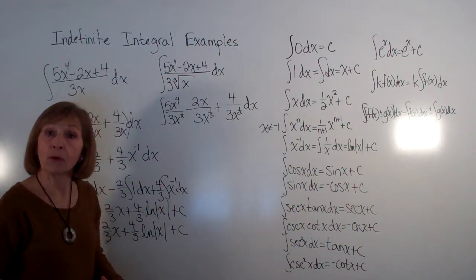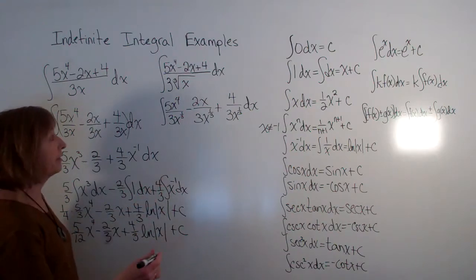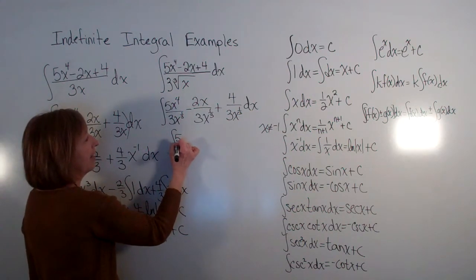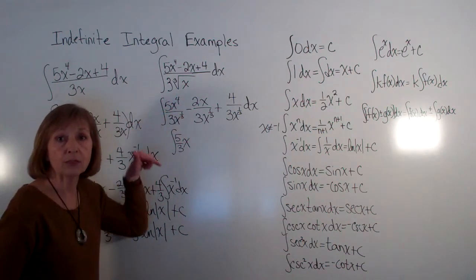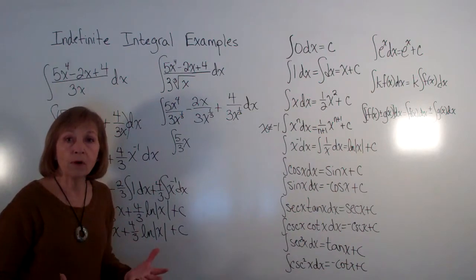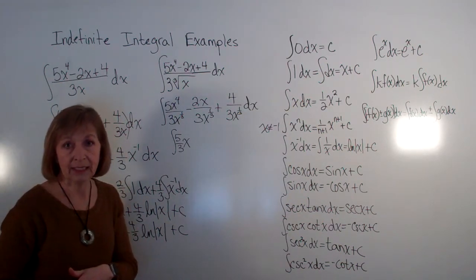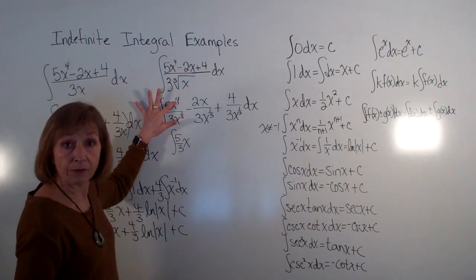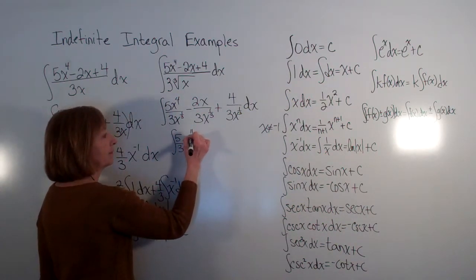And just like before, now I'm going to look at the simplification of each fraction. So this is the integral of 5/3 x to the, okay, so 4 subtract 1/3. Well, 4, rewritten in a common denominator of 3, is 12/3. So if I take 12/3 and subtract 1/3, I'm at 11/3.